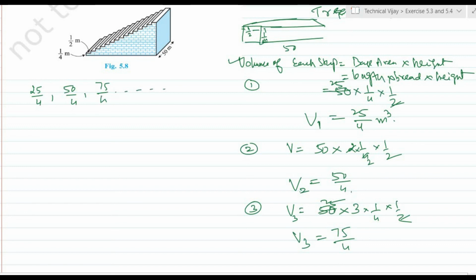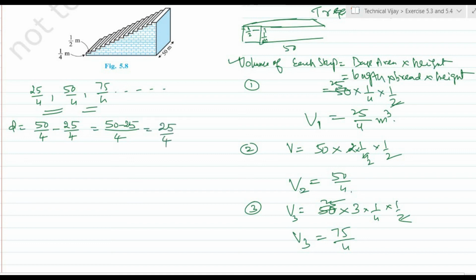Basically we have to check whether this is in AP or not. For checking AP we have to calculate the common difference. D is equal to 50 divided by 4 minus 25 divided by 4. With 4 as the LCM, 50 minus 25, this is equal to 25 by 4.